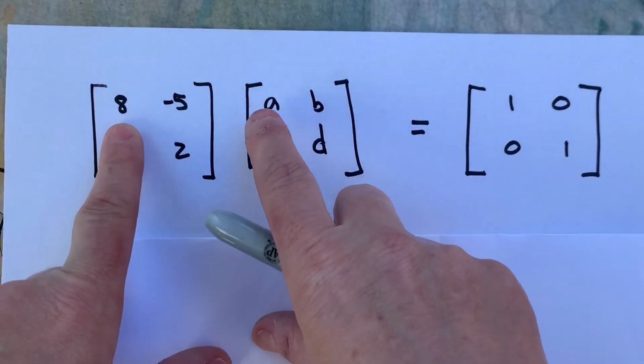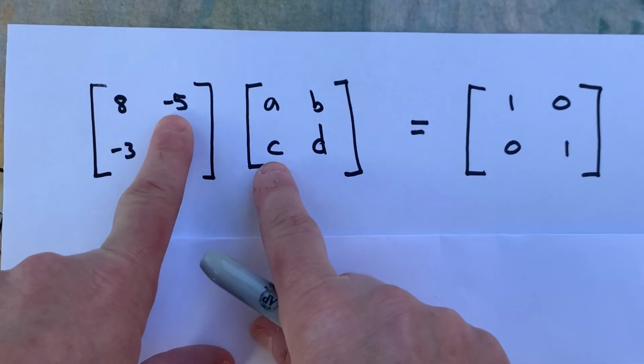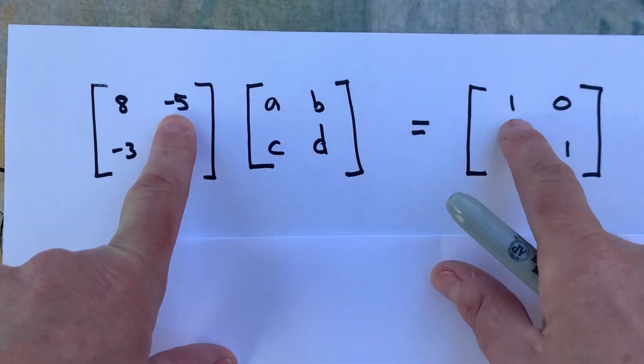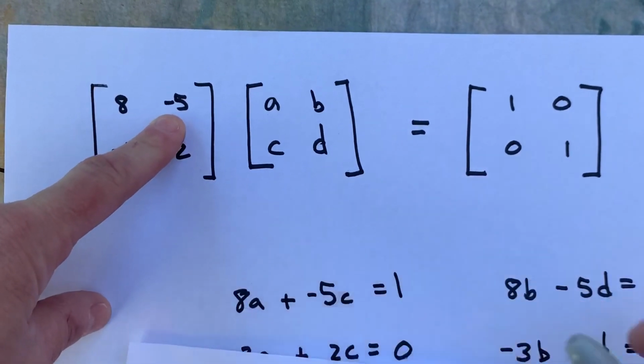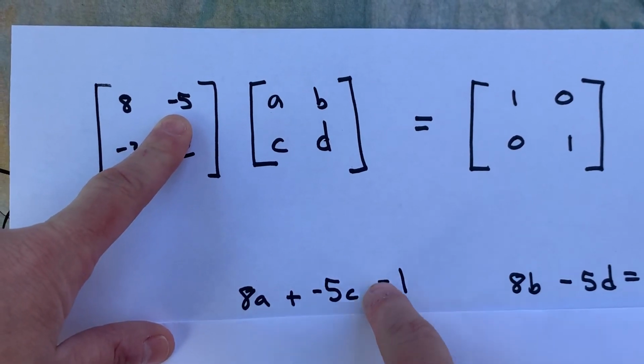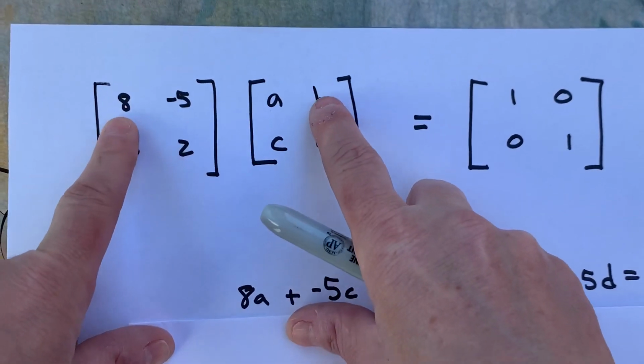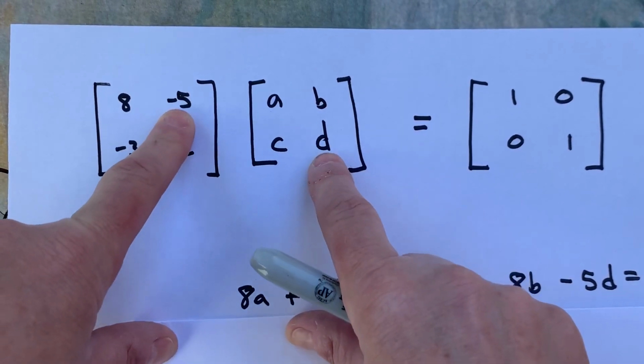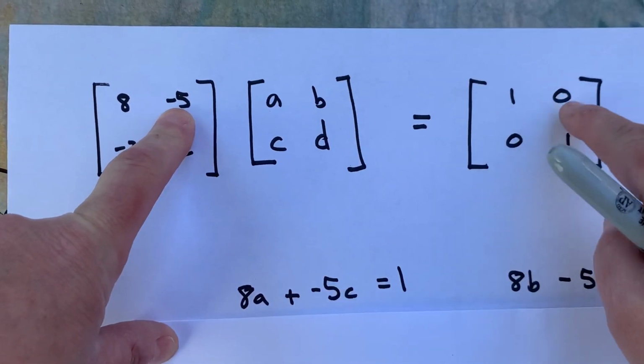I could say that 8a minus 5c has to be equal to 1. And I'm going to get this equation right here. Then for the next one, 8 times b minus 5 times d has to be equal to 0. Then negative 3a plus 2c has to be equal to 0.